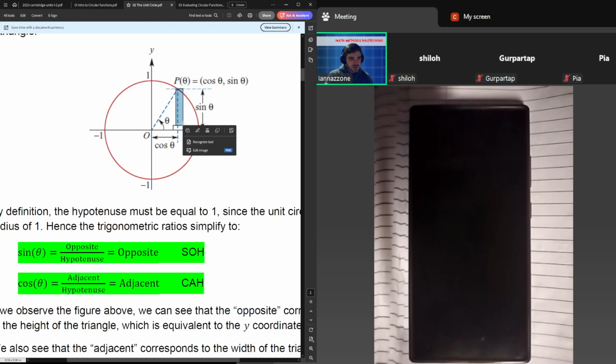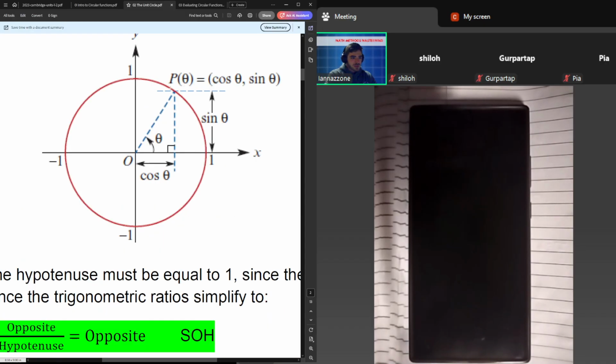If opposite is sine, well, that's got to be sine. And so what that means for this point is that the total horizontal distance traveled is your x value. The total vertical distance traveled is your y value. Because again, this is centered at the origin. There's no weirdness going on around there.